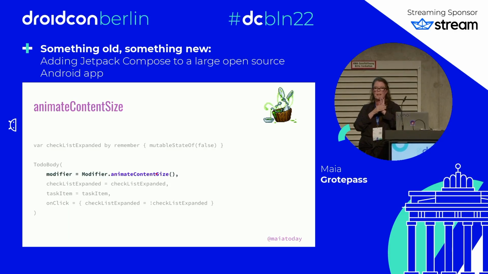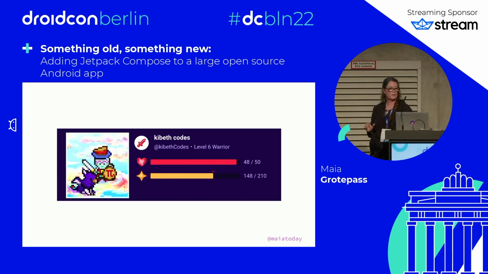And that would just add the animation. So it would just make it animate with all of the default animations. Then, because I was making slides, I wanted the animation to be a little bit slower so that you could see it on the slide. And that is as simple as just giving it a different animation spec. Now, tween isn't the best you can do. You can be quite complex in the way you animate. But literally, one line of code, and the complex component was animatable.